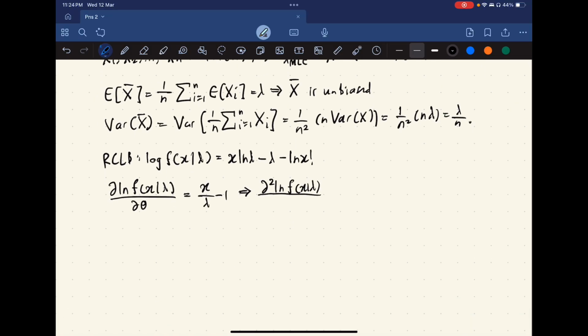But at this point, if you use log, it no longer means base 10, it means simply ln. This should be with respect to lambda. So you will have negative x over lambda squared.